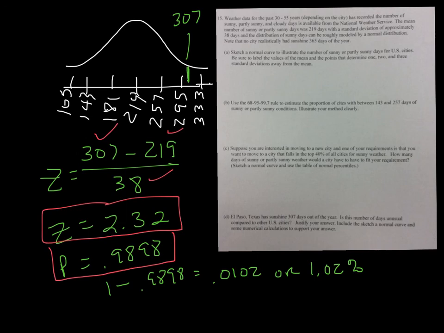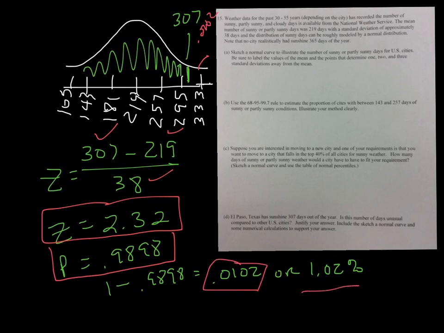Now, that basically says this is the 98th percentile. But in this case, how much have more than that? Well, if we subtract that from 1, that means 0.0102, or 1.02% of the U.S. cities have over 307 days that are sunny or partly sunny.